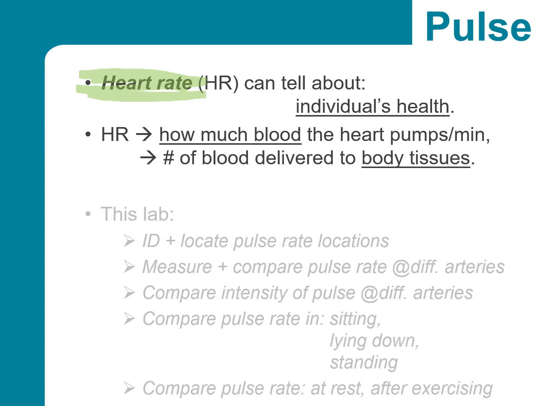Heart rate determines how much blood the heart pumps out in a given amount of time, and this is typically in a minute. So really, therefore, this tells us the amount of blood delivered to the tissues in the body. So if nothing else, I hope that you join me in agreeing that this sounds kind of a useful thing to do, right?